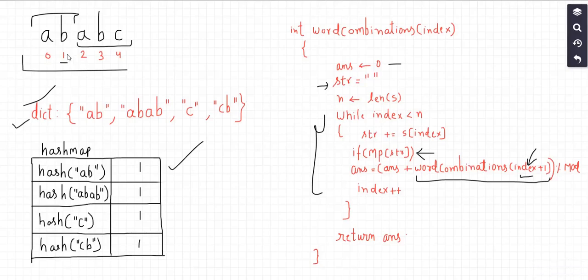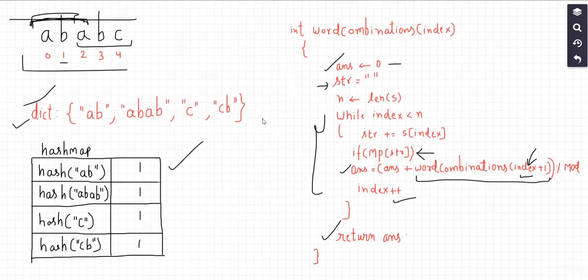And the result of that function will be added to the final result answer. Then I increment my index by 1 and build the next prefix, and check for the next prefix, right? After I end up exhausting all the characters of the string, I return my answer. That's how the function looks like.